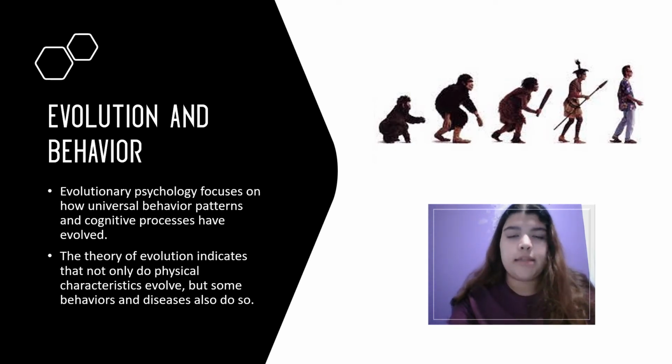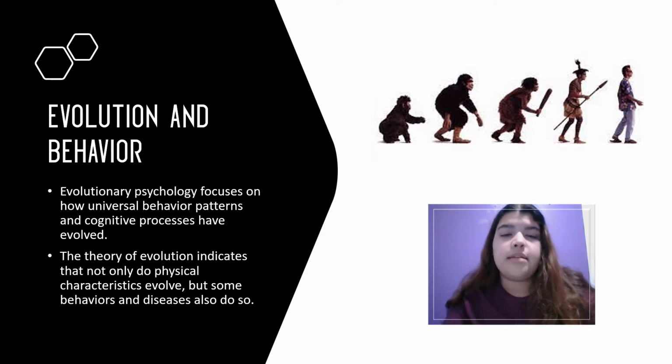Evolution and behavior. Evolutionary psychology focuses on how universal patterns and cognitive processes have evolved. And evolutionary psychologists study various psychological phenomena that may have evolved as adaptations, including fear response, food preferences, mate selection, and cooperative behaviors.